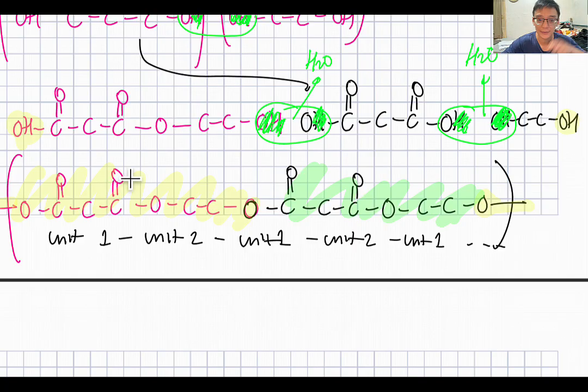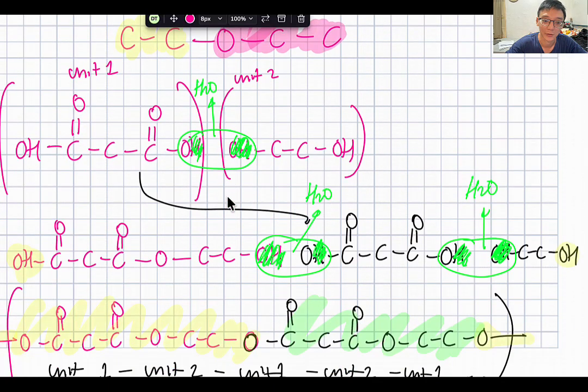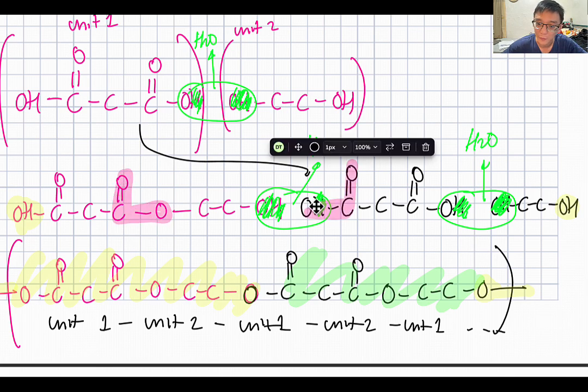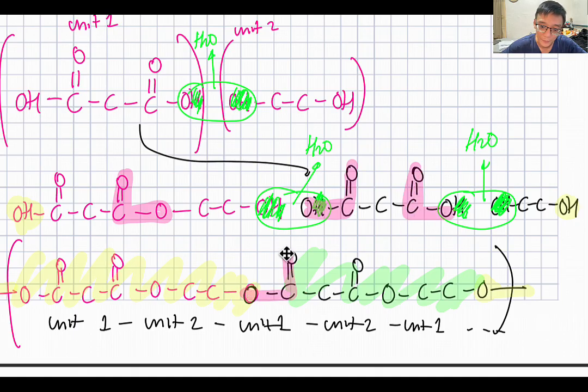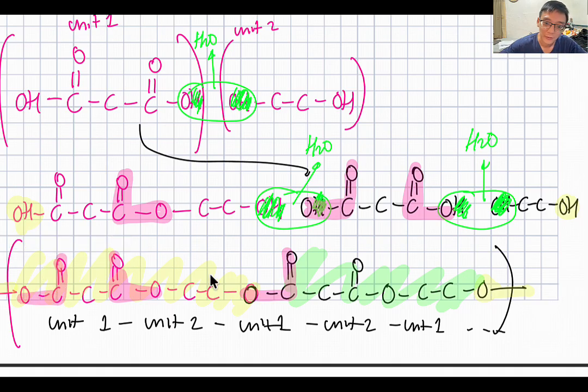And this is actually a little bit similar to the bond that we made here in ethanol and ethanoic acid, C double bond O and O. So this bond here, C double bond O and O, C double bond O and O, you see that this is the backbone of this. This is always the connecting part.